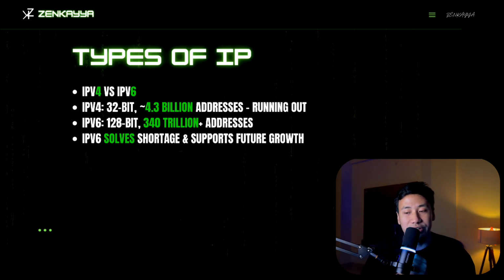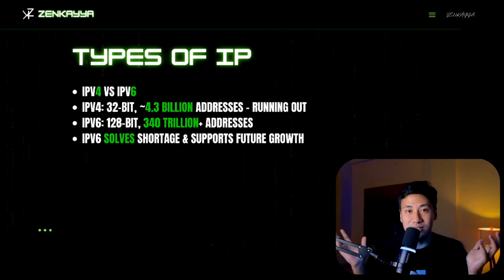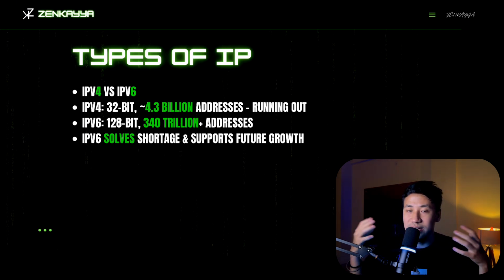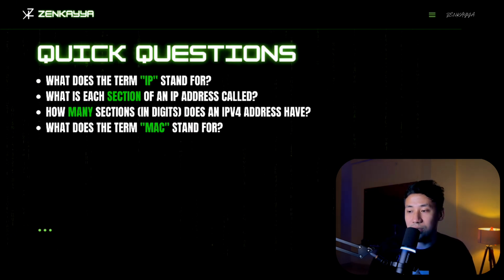That's why IPv6 was introduced, which has 340 trillion addresses. It has a lot of addresses, so we can use IPv6. New organizations are slowly and steadily trying to cope up with IPv6. IPv6 solves the shortage and supports future growth. All right, so that's it about the types of IP.